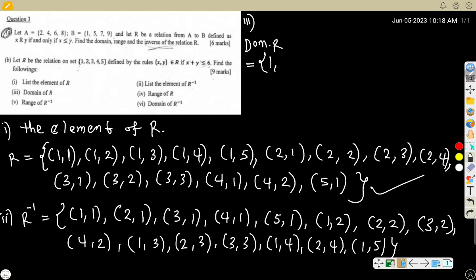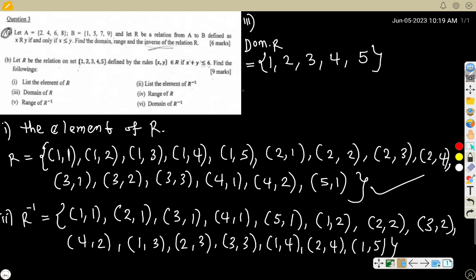So move to 2, 2, so don't repeat number. So write all the firsts, because all the first is X. So 2 again, 2 again, 2, then move to 3, 4, 5. So this is domain of R.